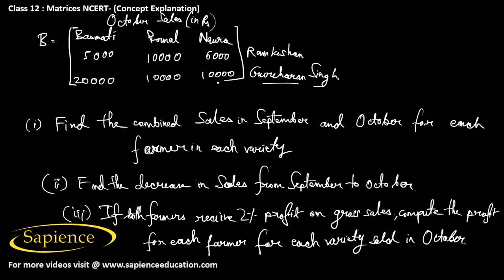So we have to take the matrix B only, since the profit has been asked with respect to the varieties of rice sold in the month of October only. So the profit should be calculated on the gross sales in the month of October only.